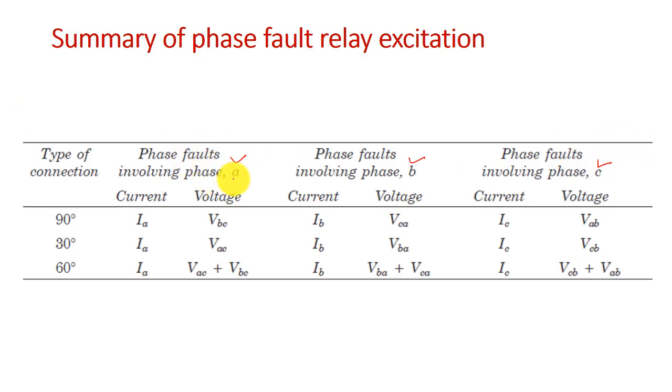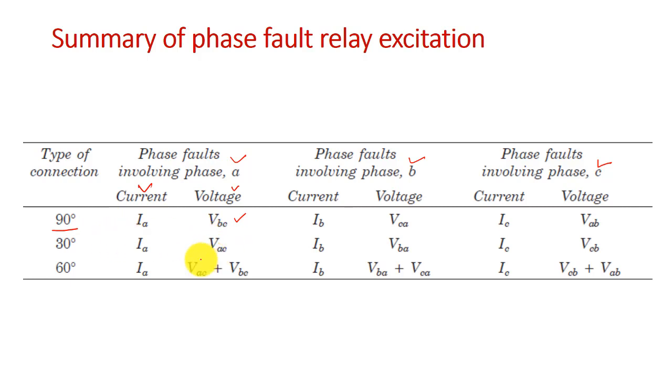For a phase fault involving phase A, we choose current IA, fed to the current coil, and voltage VBC, which makes an angle of 90 degree lagging. That type of connection we call 90 degree connection.